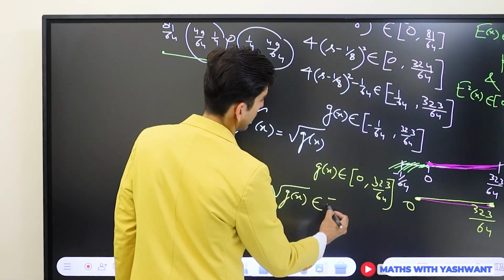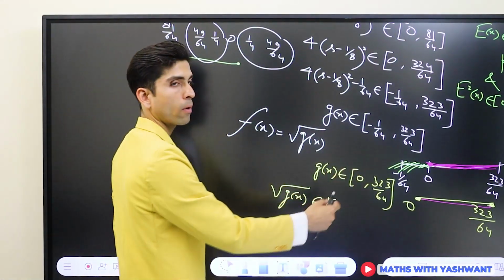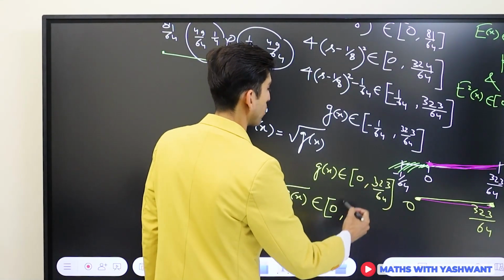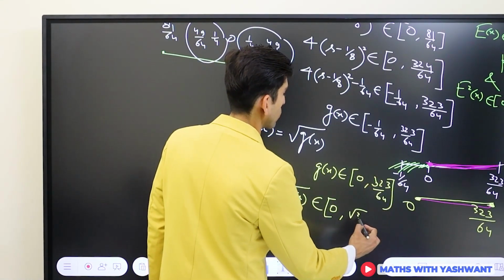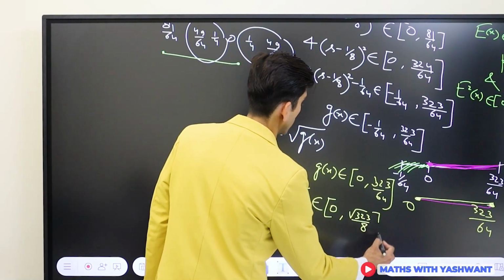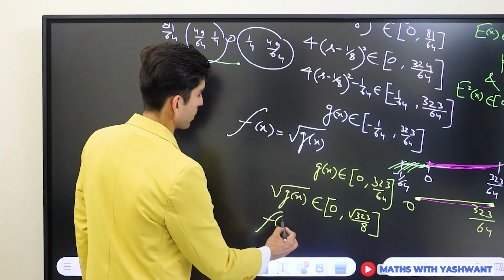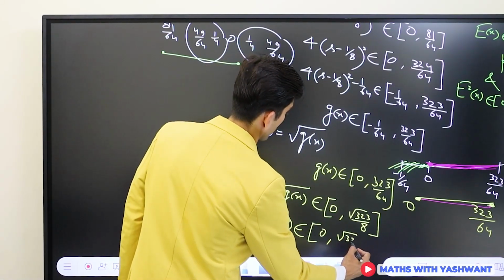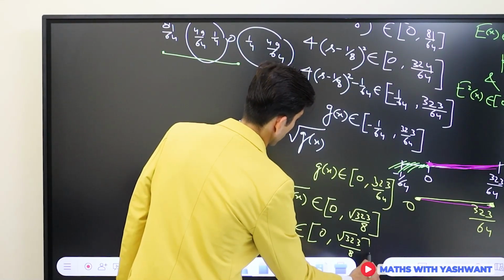When we take the square root, we take the square root of the left hand boundary point and the right hand boundary point as well. So the square root of 0 is 0, and the square root of 323 upon 64 is the square root of 323 upon 8. And this is our fx, and we did it. So the range comes out to be 0 to root 323 upon 8.